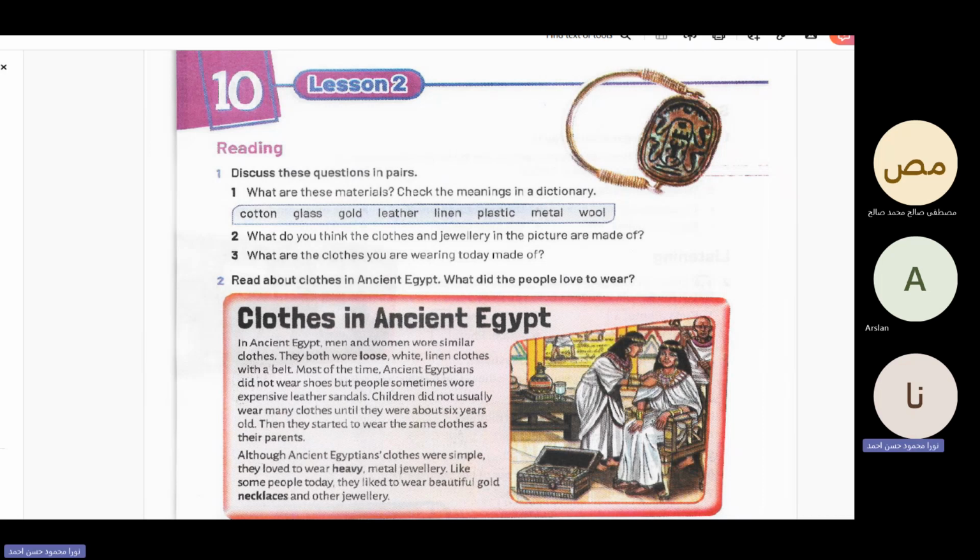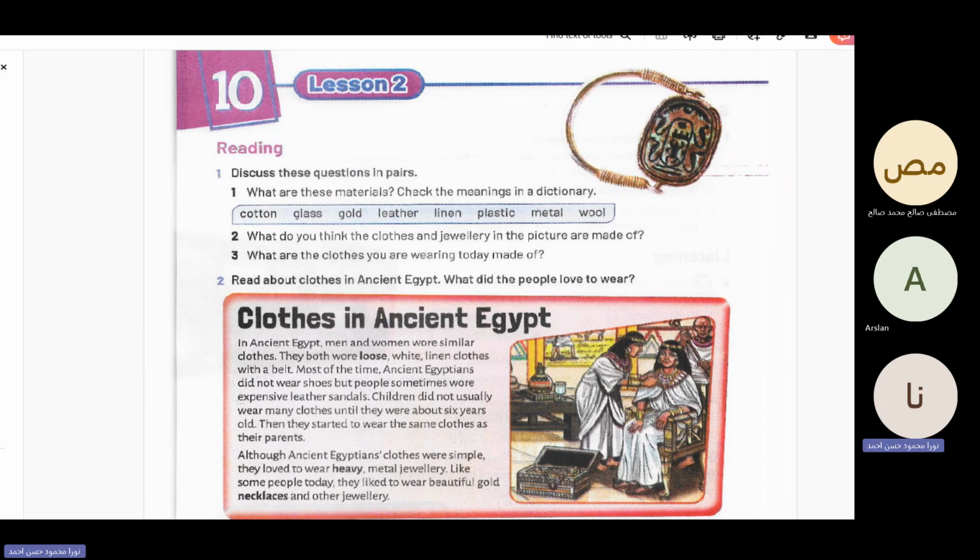They both wore loose, white, linen clothes with a belt. Most of the time, ancient Egyptians did not wear shoes, but sometimes people wore expensive leather sandals. Children did not usually wear many clothes until they were about 6 years old.